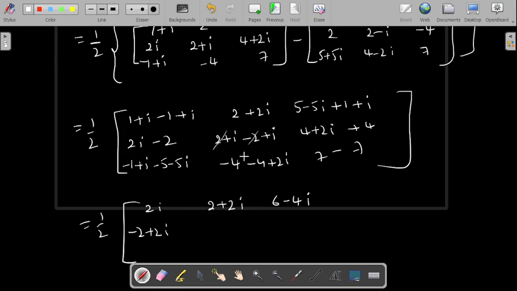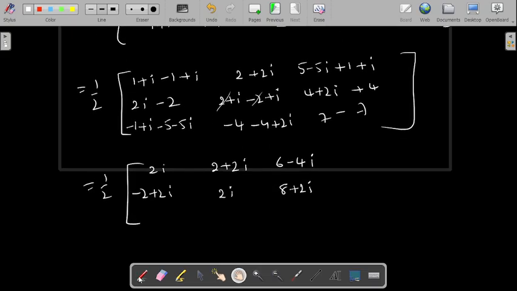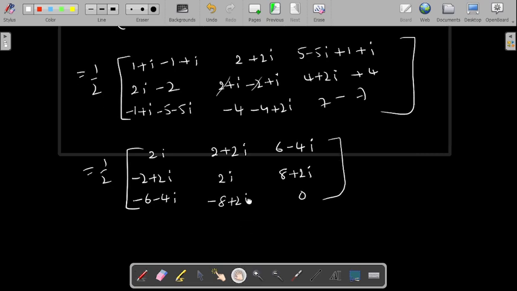Minus here plus 2 minus 2 subtracted 2I. Next 4 plus 4, 8 plus 2I. Next minus 6, minus 6, minus 4I. Next minus 8 plus 2I. 7 minus 7, 0. Now take 2 common.